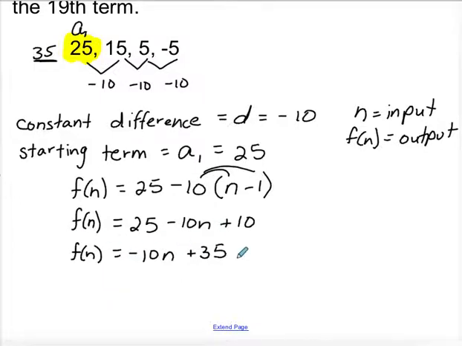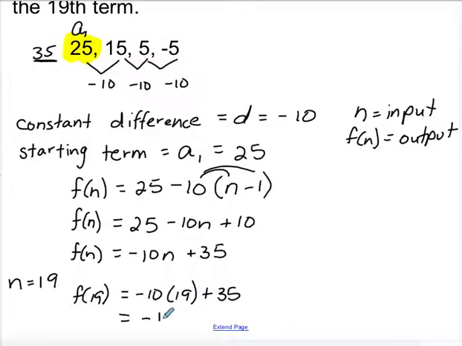Now I can use this rule that I wrote to find any term in the sequence. So if I wanted to find the 19th term, I'm just interested in the case where n is equal to 19. And so I would just find f of 19. In other words, I plug in 19 into the rule here, and I would just do the arithmetic.